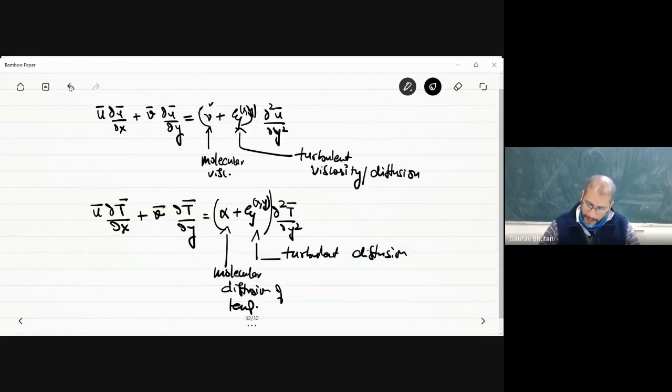Okay. Now remember, we also brought in the Prandtl number, which was taken as the ratio of your molecular viscosity to the thermal diffusivity alpha. Okay, so we said that the major difference, the only difference in fact between these two equations is this coefficient that we have on the right hand side.